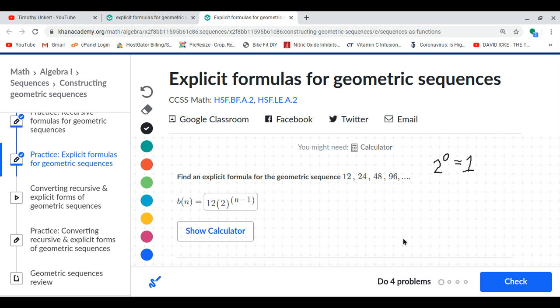But to get to the next number, we're going to multiply by 2 once. So to get to the second term, we multiply by 2 to the first power.